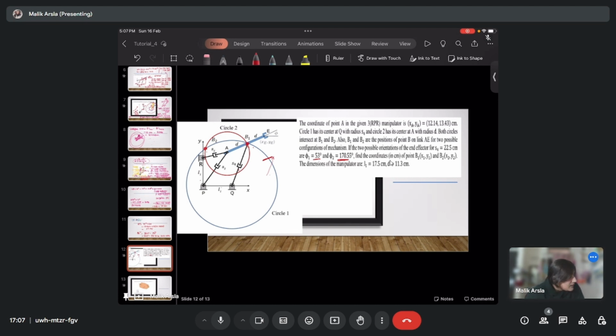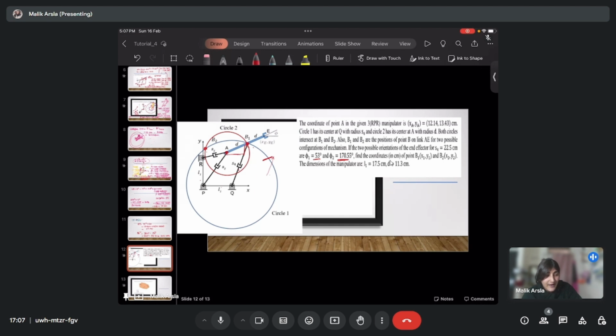It's simple, as the coordinates of point A are given. So x and y of A are given to us. Now in the first configuration, we can write the coordinates of xb in terms of xa with the relation we have already seen so many times: x of b will be xa plus d cos alpha, right?